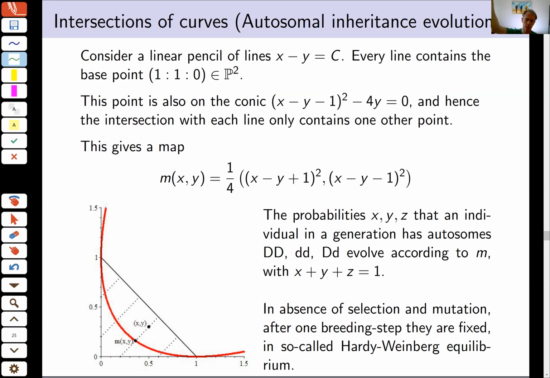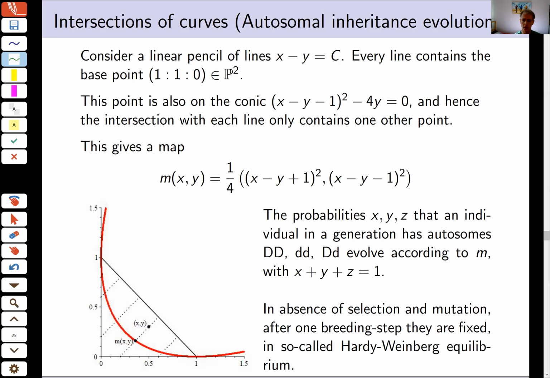So that means we have 1 point at infinity and there is only one more point left. We can calculate that point and that will give us a map. So if we map every point to that point of intersection, we get this map. And that's kind of the simplest thing that I can think of for a map defined by the intersection of a pencil and a curve.